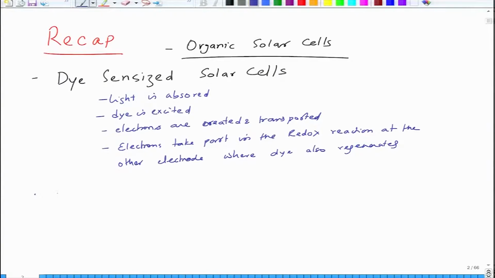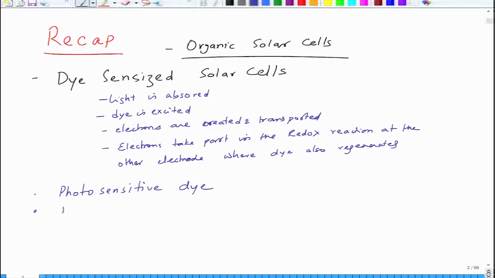The key components in this solar cell are, first, the photosensitive dye. The energy levels of this dye are very important, so that you are able to absorb photons of appropriate wavelengths and excite the dye.